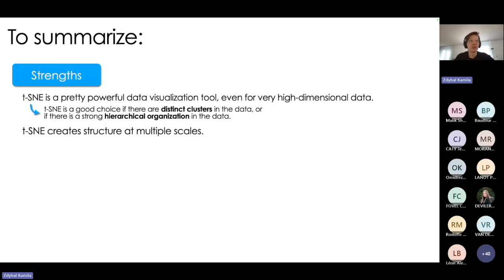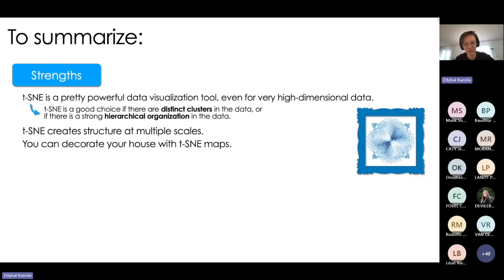And t-SNE creates structure at multiple scales. So depending on that perplexity parameter, you can force it to, let's say, pay attention just to the nearest neighborhood, or pay attention to larger neighborhoods. So you can create that structure at multiple scales.